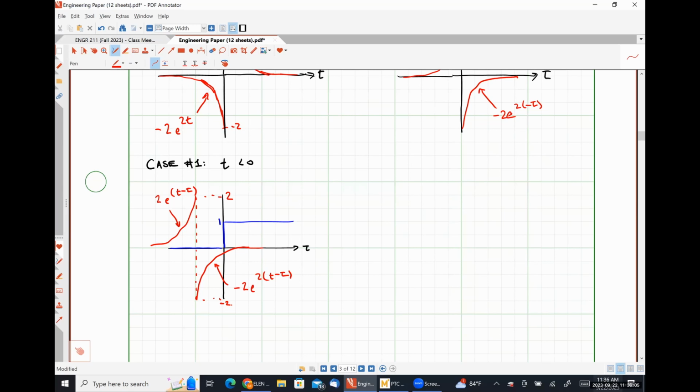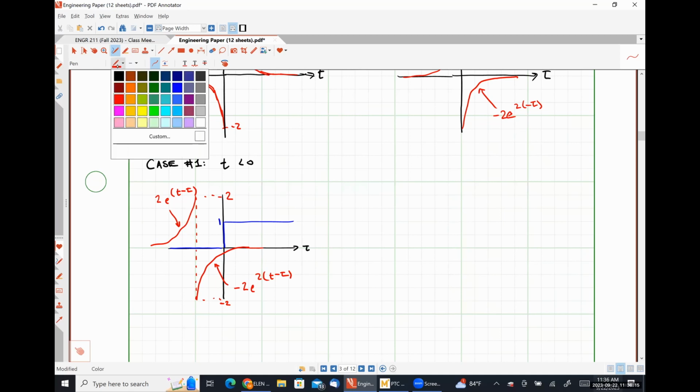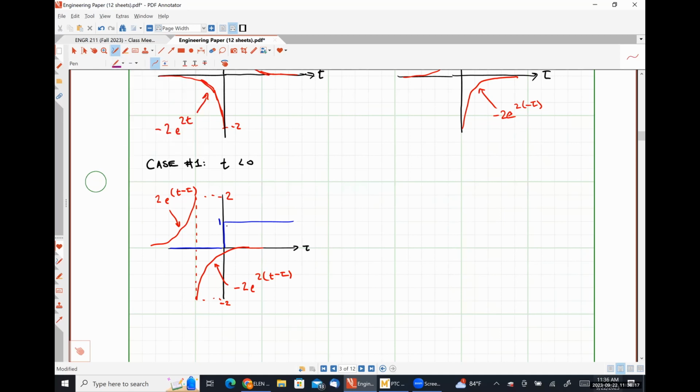Or what's the interval? T greater than 0. Absolutely right. So for all time greater than 0, the product of these 2 functions is going to be non-zero. For all time less than 0, the product of these 2 functions is going to be 0 because of how our unit step function works, right?